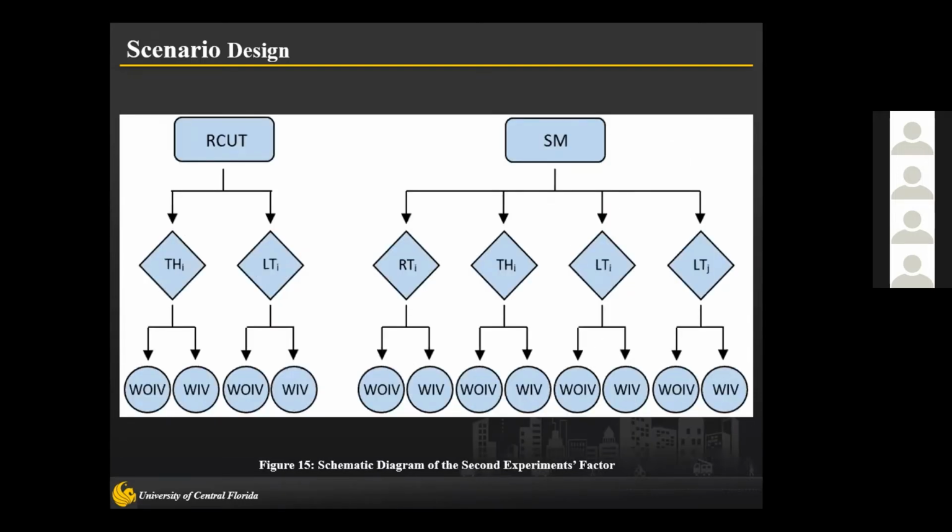In the second experiment, the factor was the use of I2V communication at unconventional intersections with two levels: use it or not. All participants were requested to accomplish all the unconventional movements at RCUT and SM intersections with and without using I2V communication.